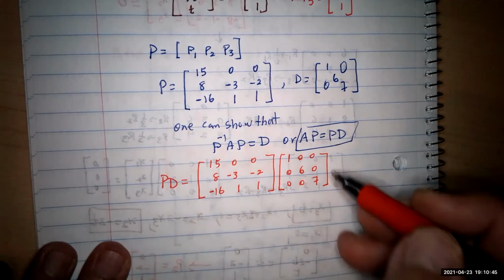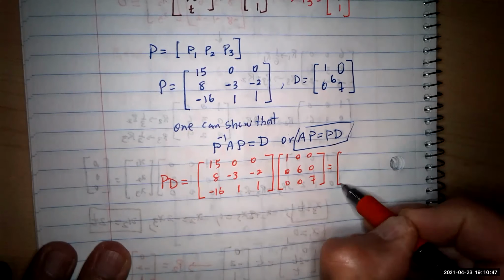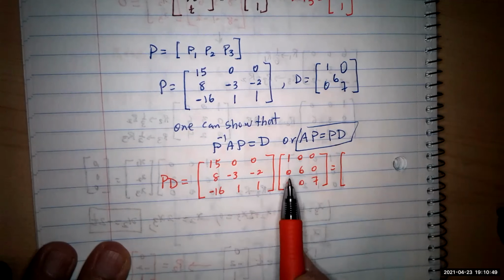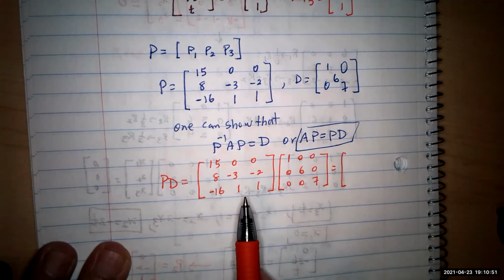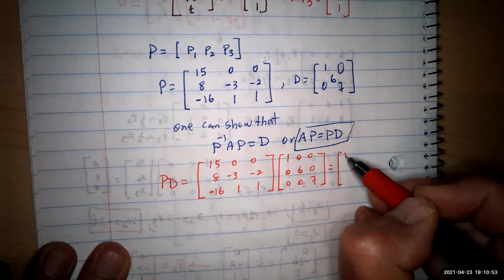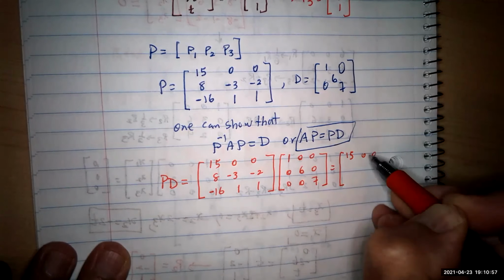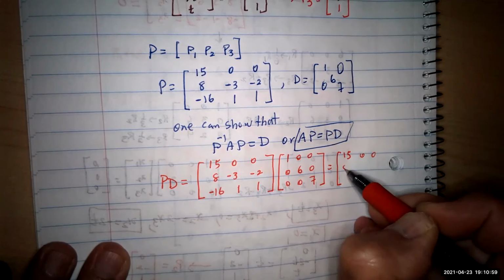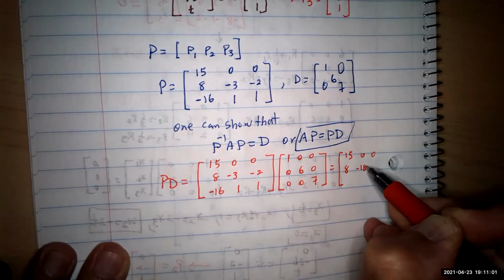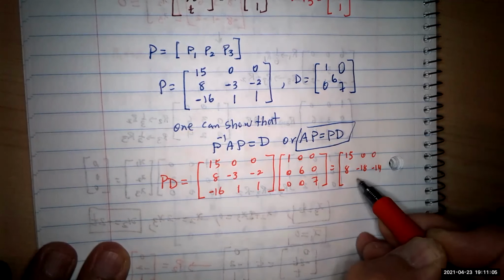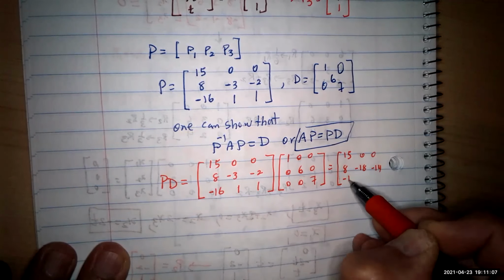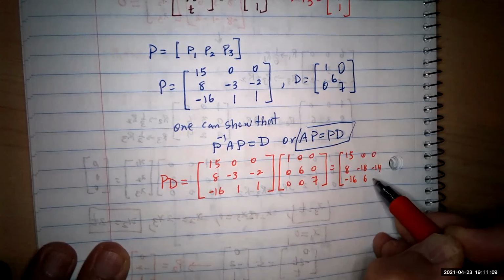Quickly you can multiply, because when you multiply, you get only these numbers. You get 15, 0, 0. Then you get 8, negative 18, negative 14. And the last one, we get negative 16, 6, and 7.